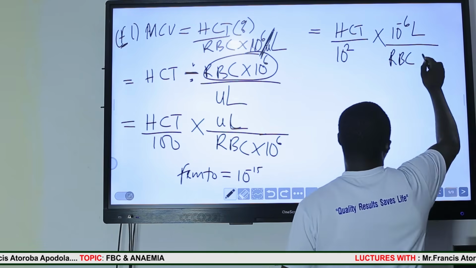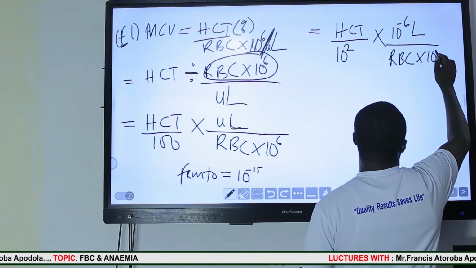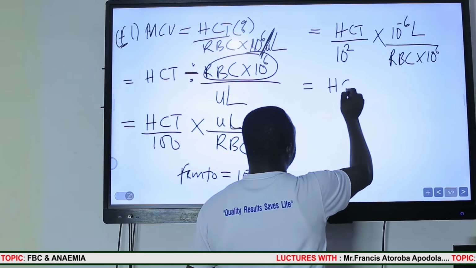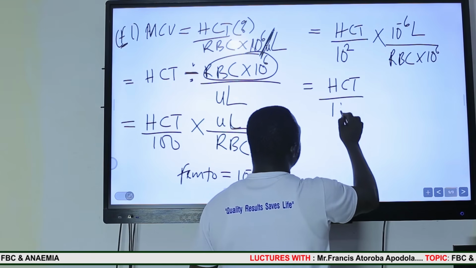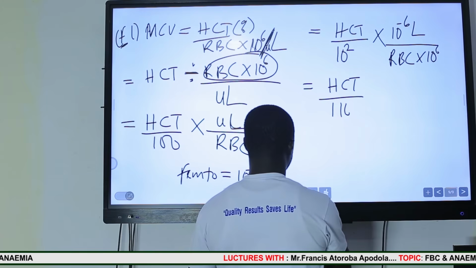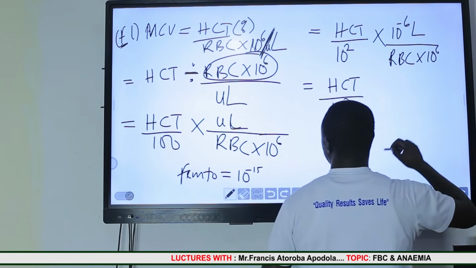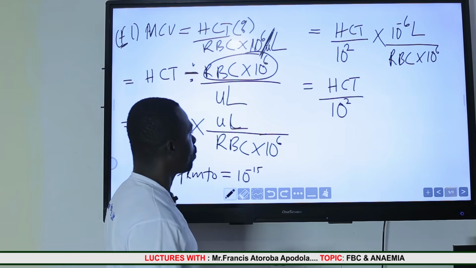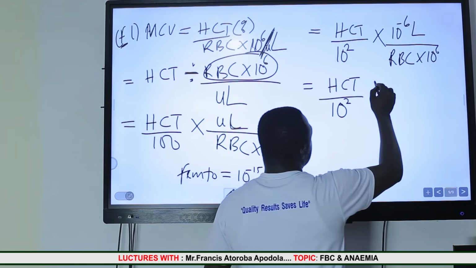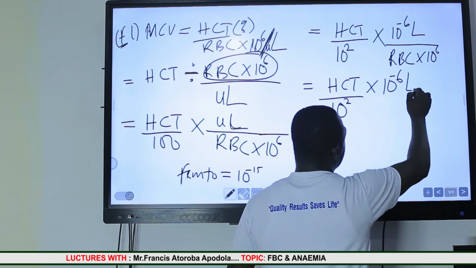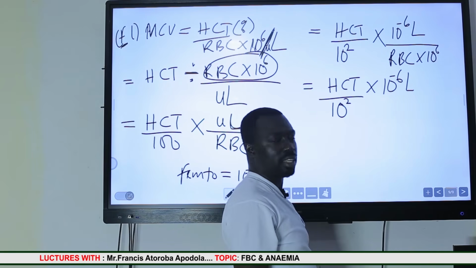RBC times 10 to the power what? 6. This is hematocrit divided by 10 to the power 2 times 10 to the power minus 6 liter. Please, are you here?